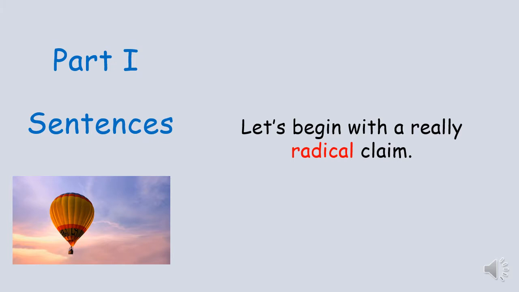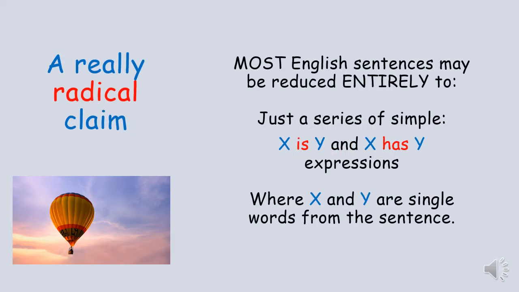Let's begin with a really radical claim. Most English sentences may be reduced entirely to just a series of simple X is Y and X has Y expressions, where X and Y are single words from the sentence.